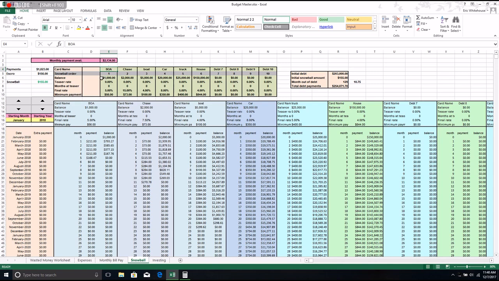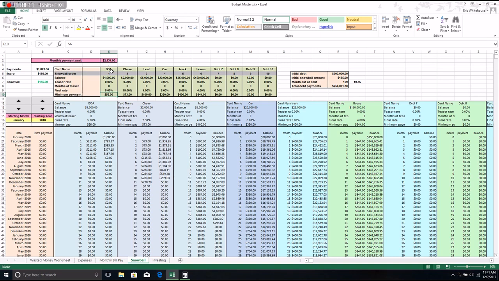Then you're going to put in the name of it and the balance, the interest rate, and the minimum payment. If you overpay, don't put the overpay amount in, only put in the minimum. You do that for all of your debts.